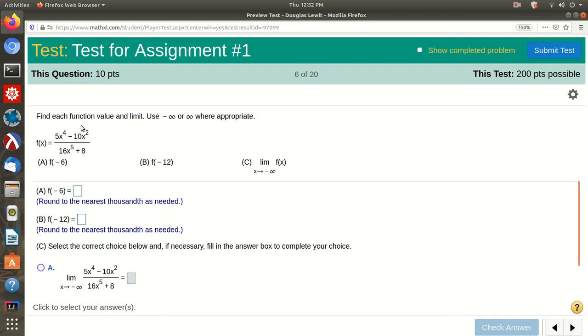So find each function value and limit. Use negative infinity or infinity where appropriate.